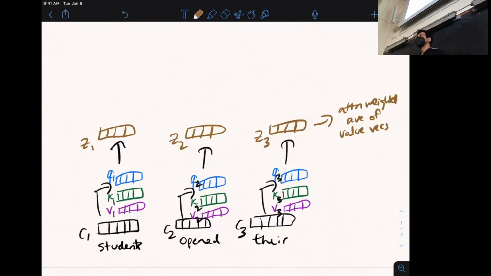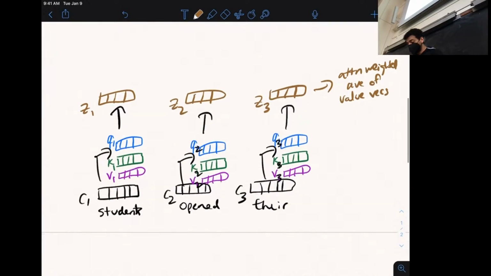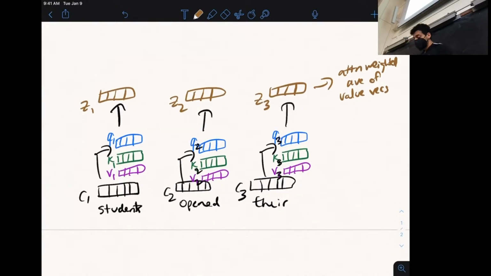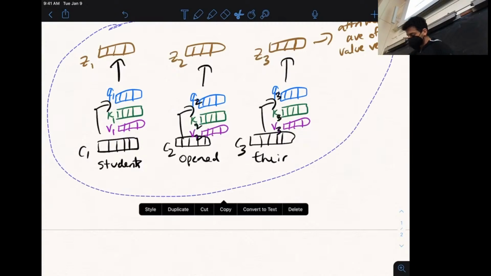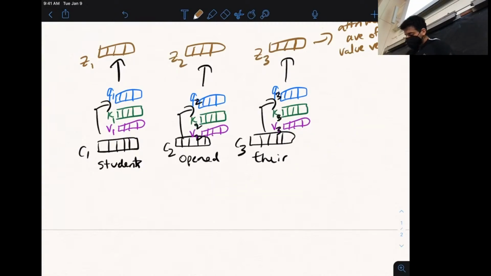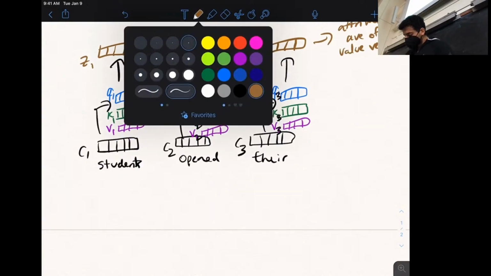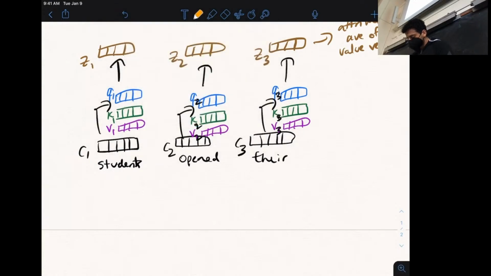So the way that we actually encode word order is quite simple. In the transformer, what we do is we're going to just add an embedding that corresponds to each position of the sequence.